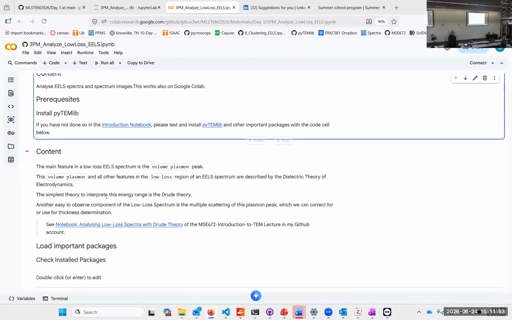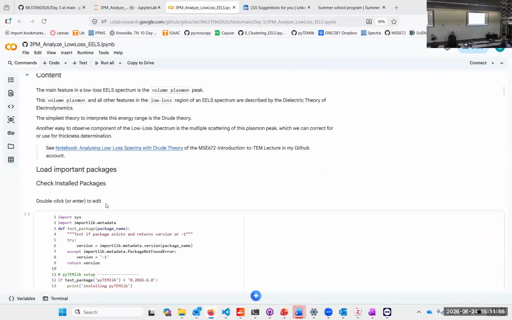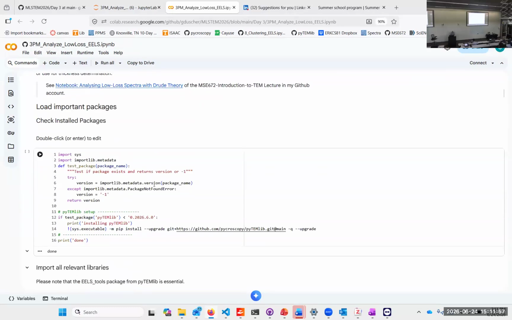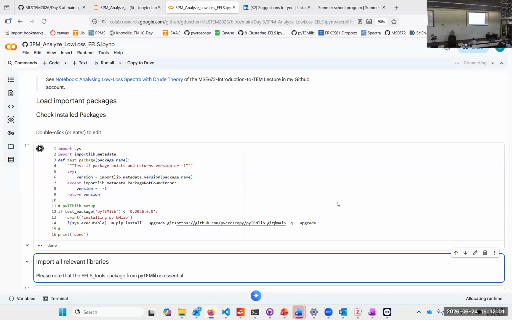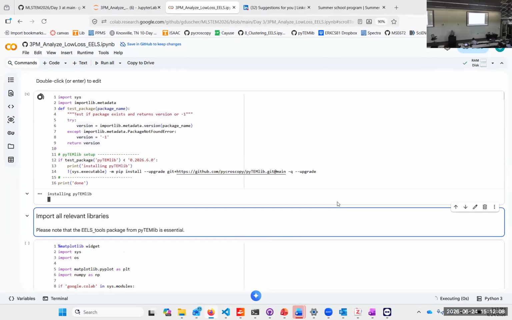So as before, we want to load all the extra stuff that we are needing. It's especially pyTEMlib. So we have an EELS tools here. We used the EDS tools before for the EDS analysis.